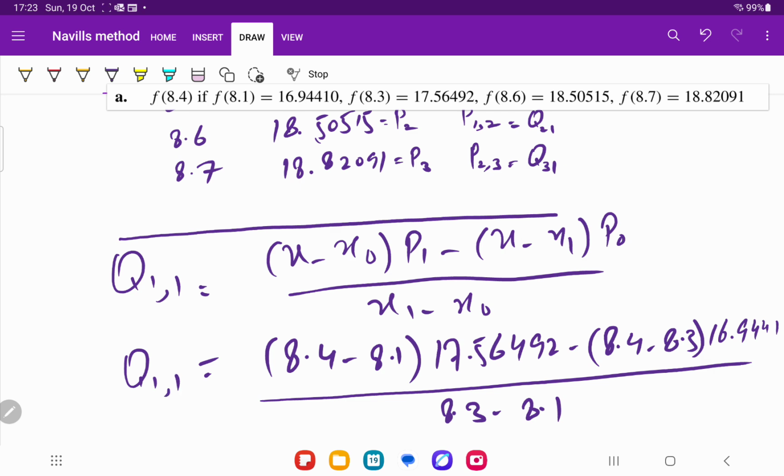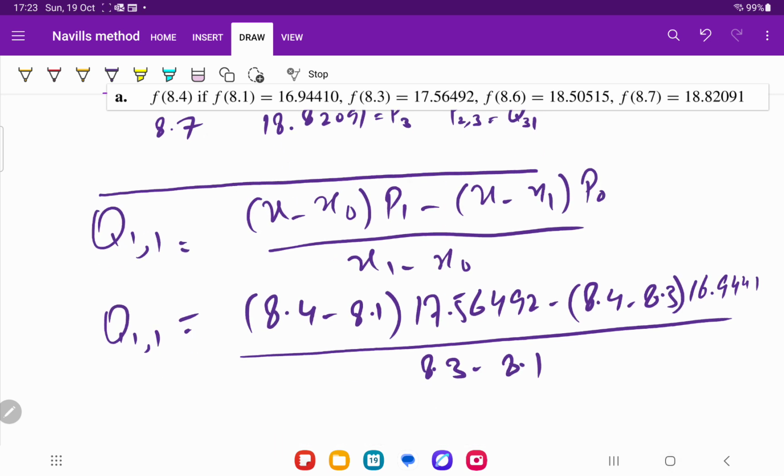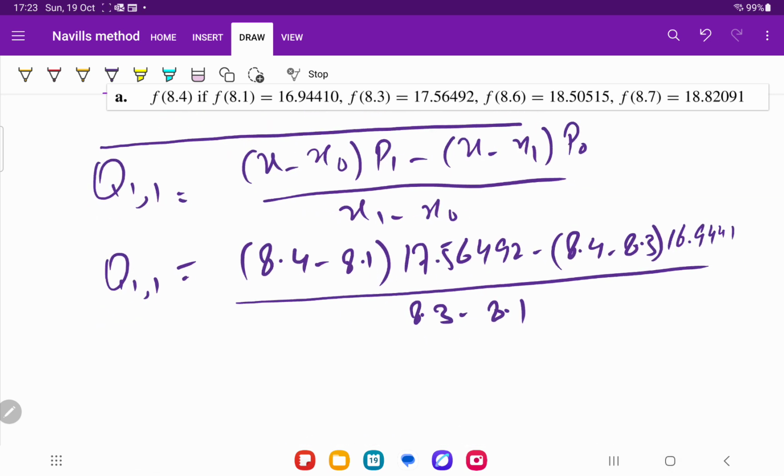So we have generated a new point which is Q11. So what is the answer altogether? 17.87533. That is Q11. Okay.